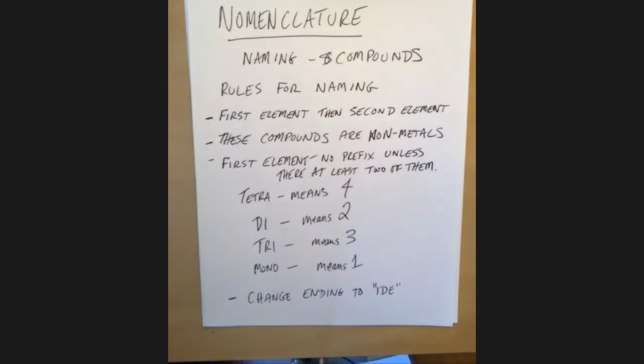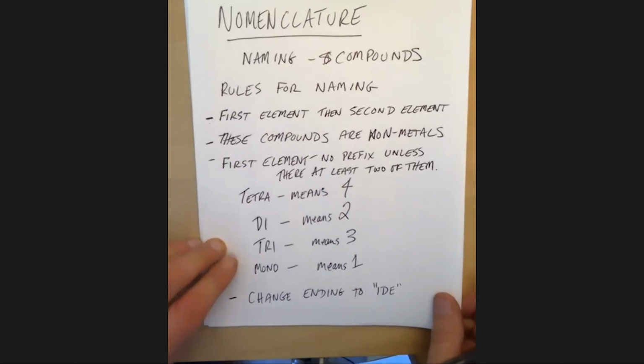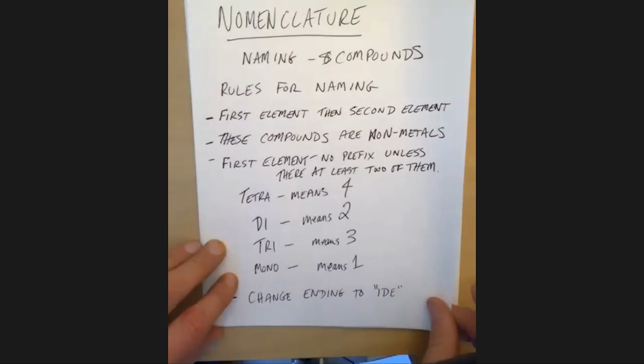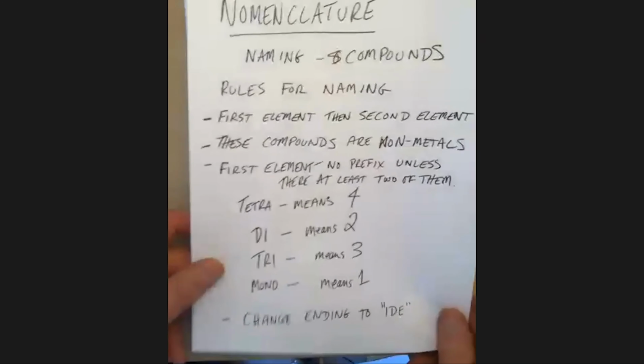So when I've done this with students in person, they always come up with some variation of this same list. Maybe there's one rule that's missing, and maybe students ask the question, well, that's 1, 2, 3, 4. What about 5, 6, 7, or 8? What are those other prefixes?